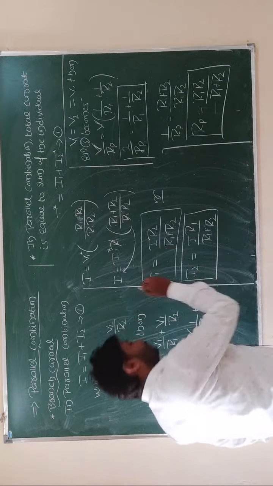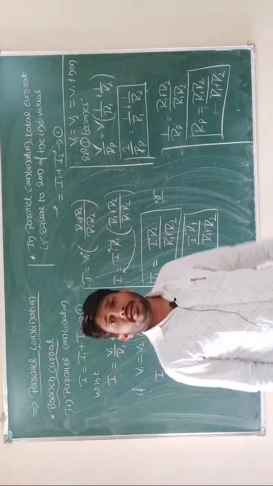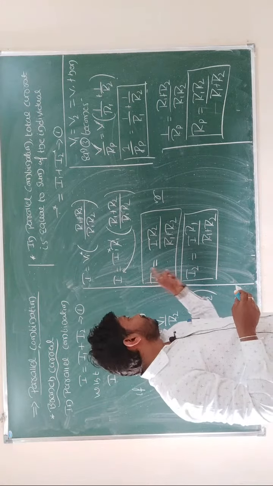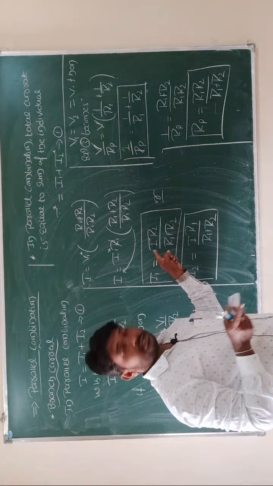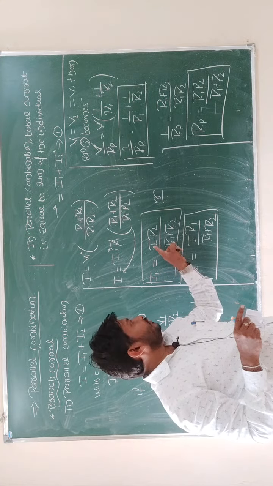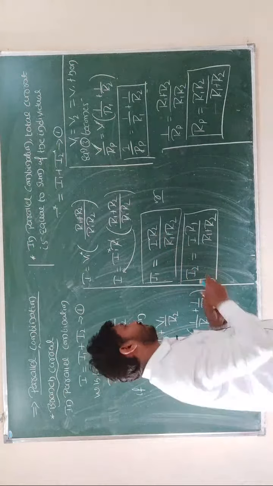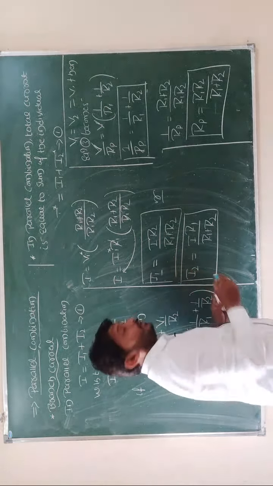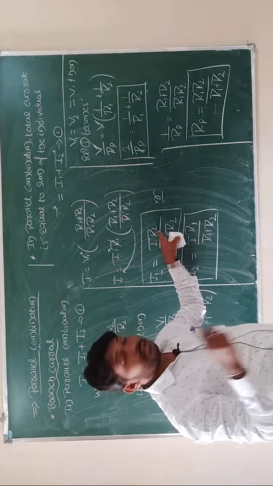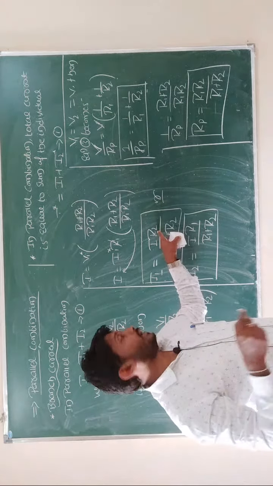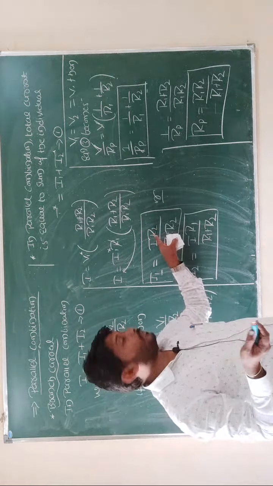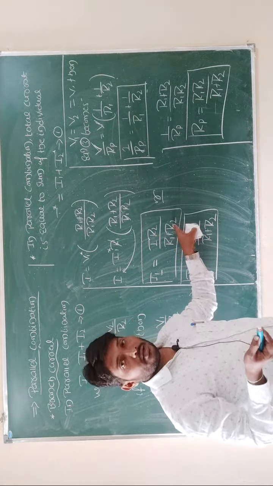Then what is the generalized formula for branch current in parallel combination? Branch current is equal to total current, where I stands for total current, into the resistance of the other branch. For example, if I want to find the current in the first resistor, I have to take the resistance of the second one, so I into R2, the resistance of the other branch, divided by total resistance.